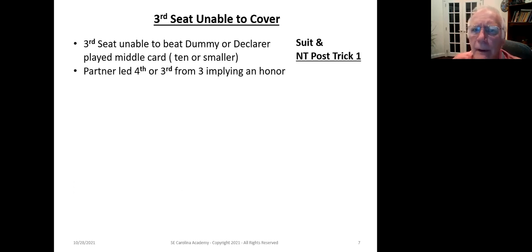But a partner in the third seat, your partner makes a development lead, let's say against a suit contract, and they lead the 4 of spades, and that would either be fourth from a 4+ card suit, or third from a 3-card suit, signifying they've got the ace, king, or queen. Possibly they could even have the king and queen in that particular suit. So they're trying to establish that suit so they can take a trick.